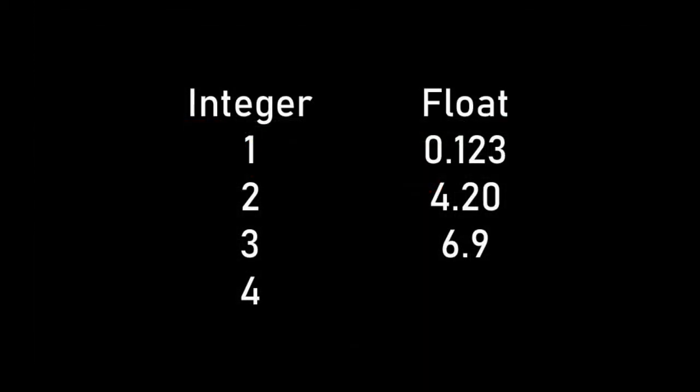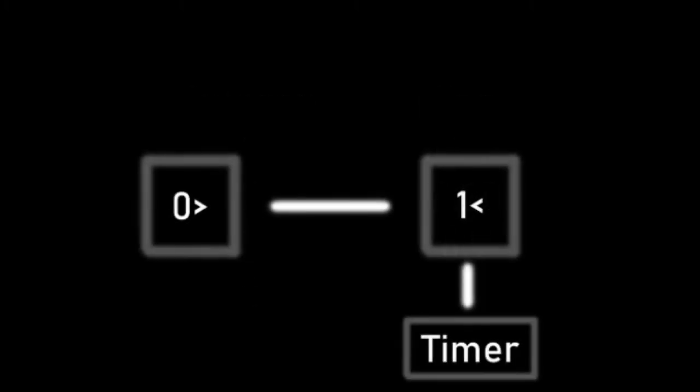A float and an integer both hold number values. However, an integer can only hold full numbers like 1, 2, 3, 4, while a float can hold decimals like 0.123. The reason I'm using an integer value instead of a float for the timer is because floats have a tendency of not landing on perfect numbers. A quick demonstration.